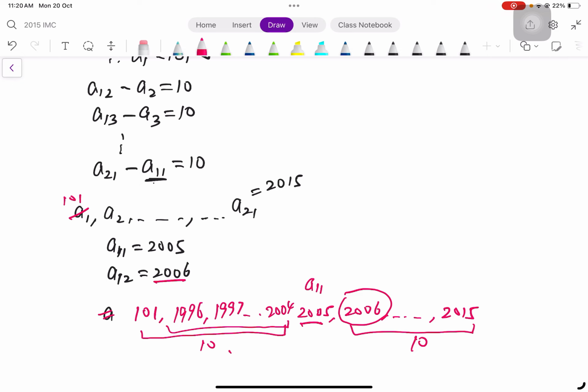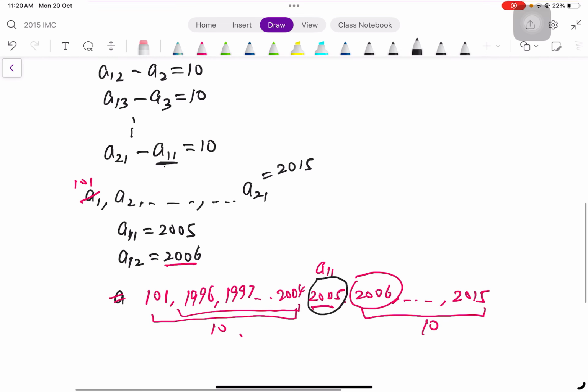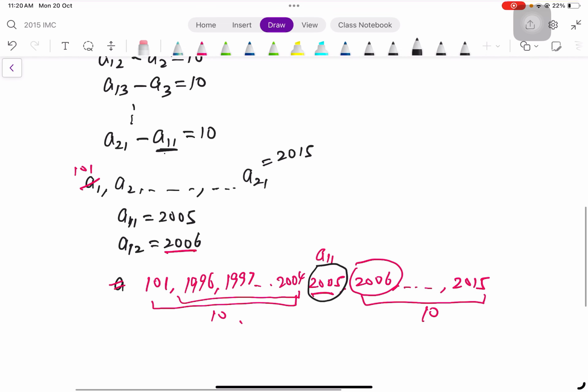And the middle number is this one. That means this is A12, and this is A2.